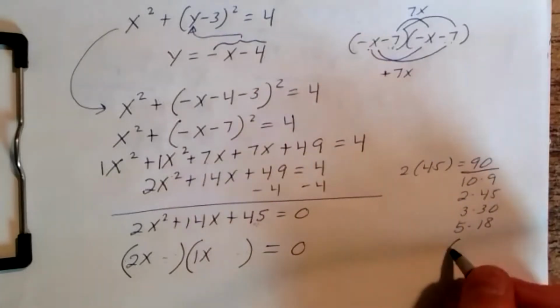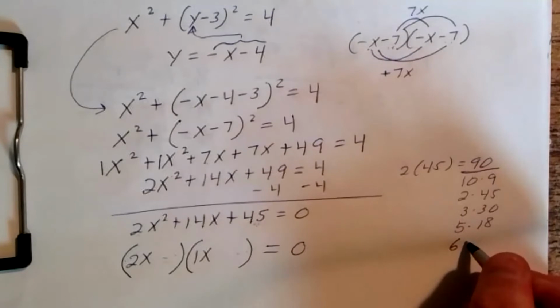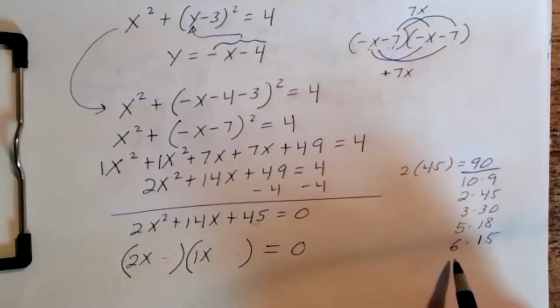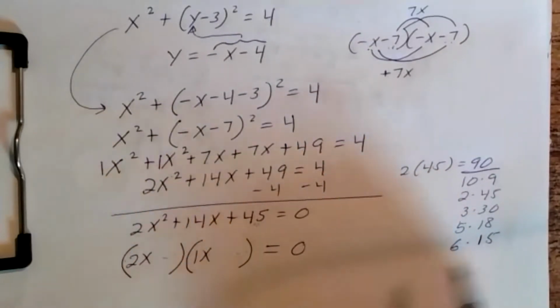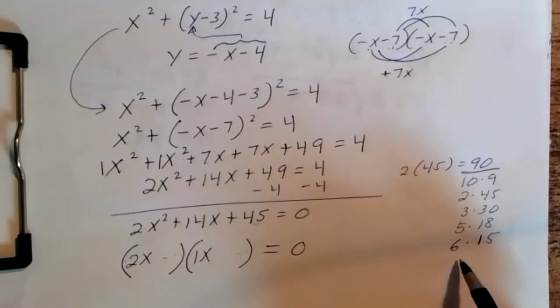Yes, it does, 15 times, but 6 and 15, do you agree? Those just are not going to add up to 14, no. 7 don't go into 90, 8 don't, 9 does, 10 does. And that's about it, ladies and gentlemen.